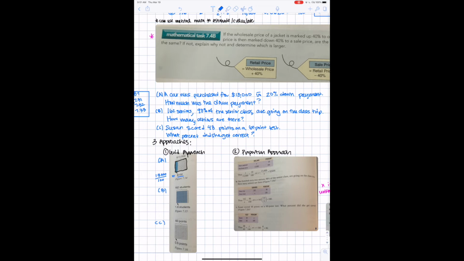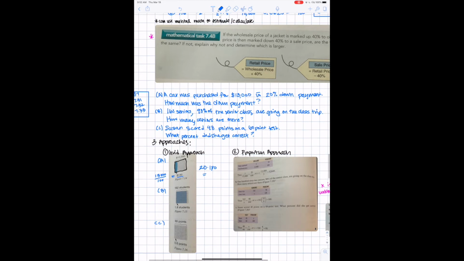In order to find out what the down payment is, we can just take each one of these little $130 boxes and multiply it by 20. That should give me my down payment: $2,600.